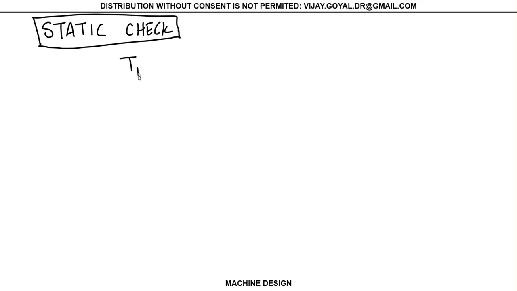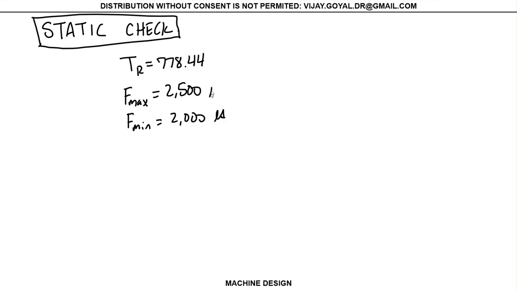If we just use the information that we had from your previous example, we found that this was equal to this. We found that your F max, again, this information comes from example number 1, and F minimum was 2000. This is pounds, and this is inch pounds. From here, I can find what my T is.